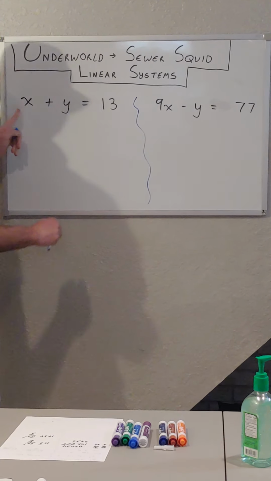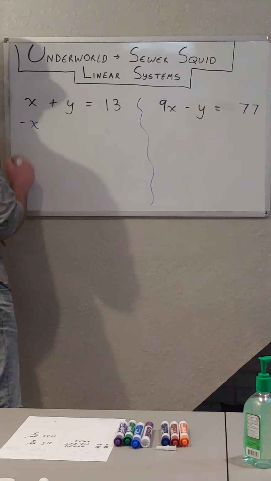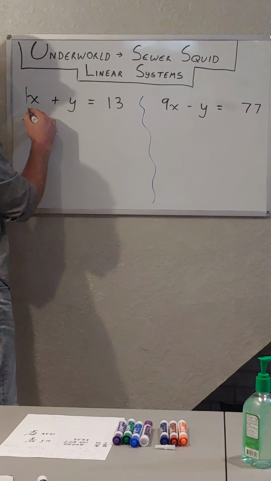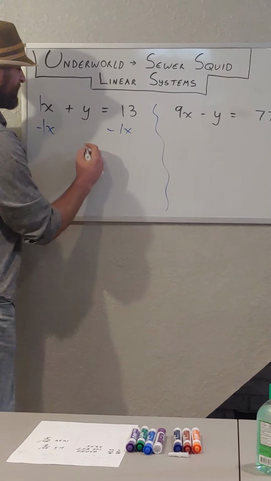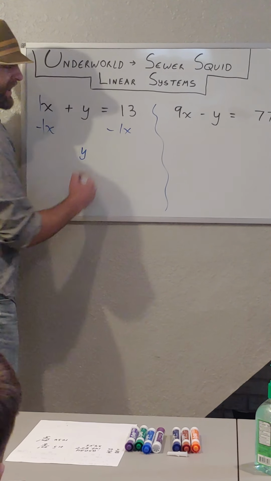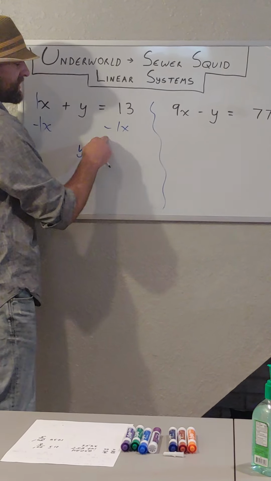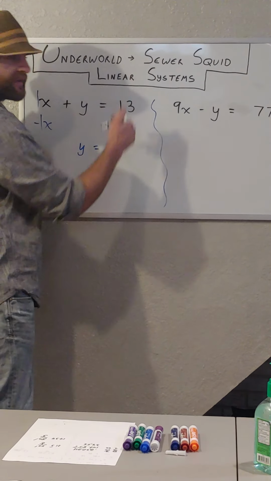Okay, what you could do is take this x right here and subtract it over to the other side. Some people want to think of it as a 1x, which is fine as well. Subtract that over to this side. And then you're going to have positive y, same as y, equals 13 minus 1x, or you could say negative 1x plus 13, same thing.